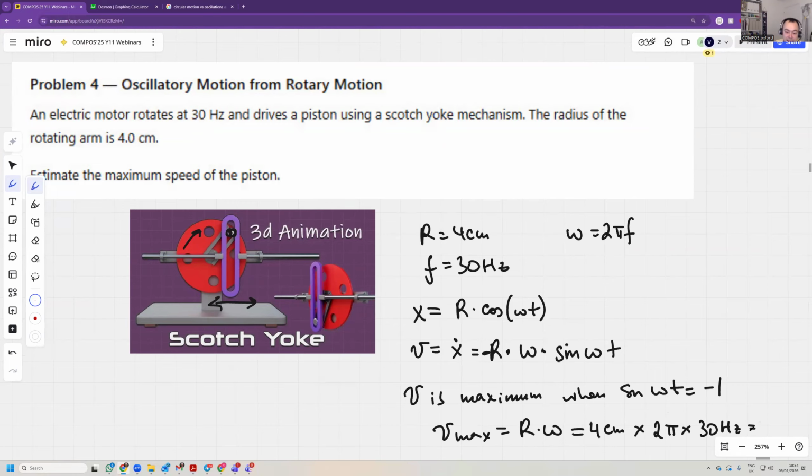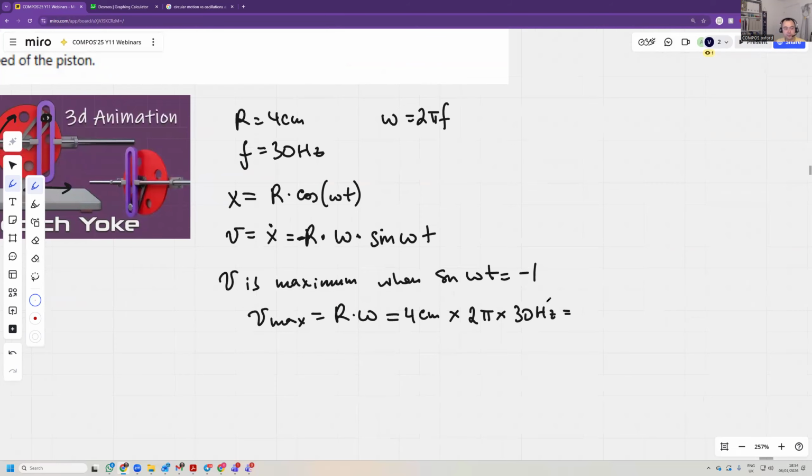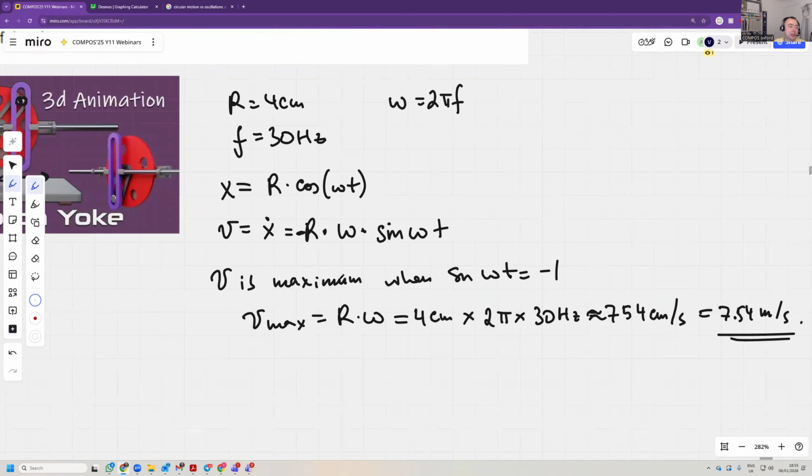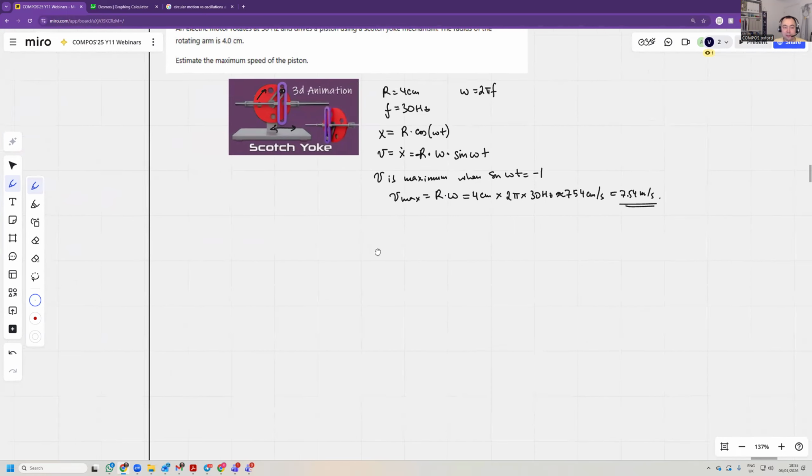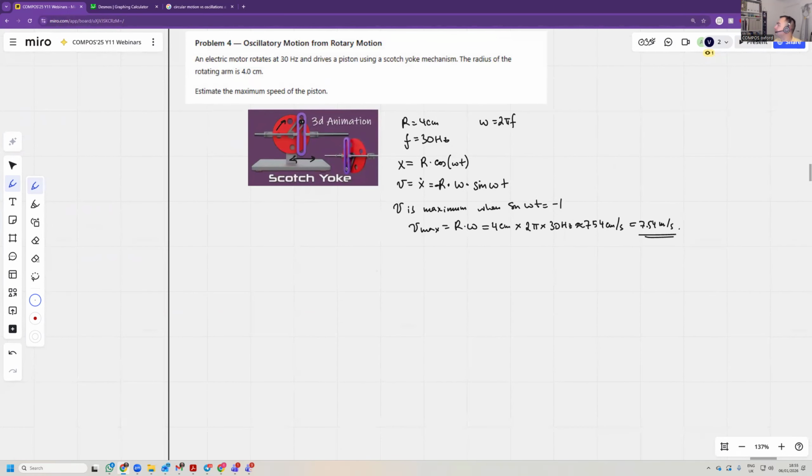That gives us 4 times 2 pi times 30, 240 pi, so 754 centimeters per second, or 7.54 meters per second. That's the maximum. That's the top speed. Lovely. Okay, moving on.